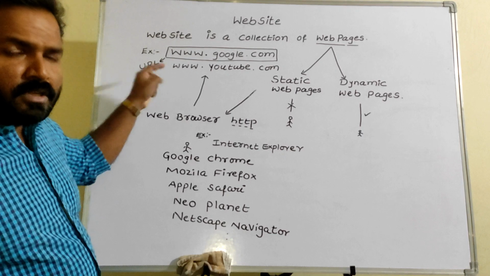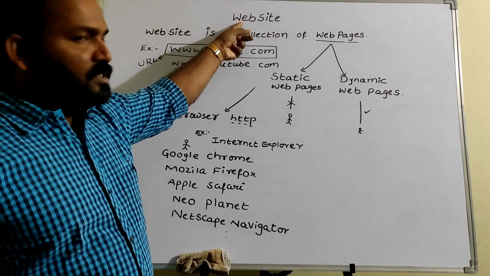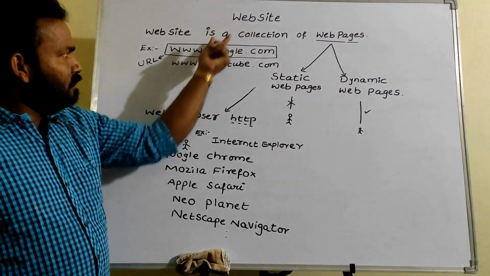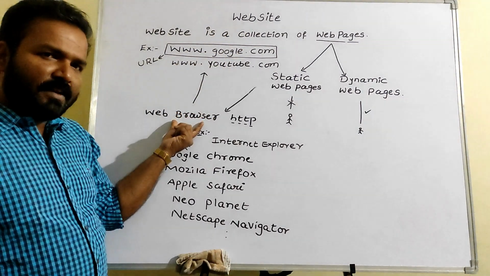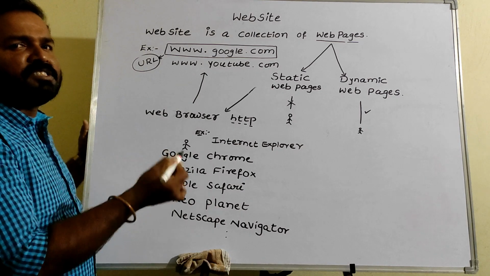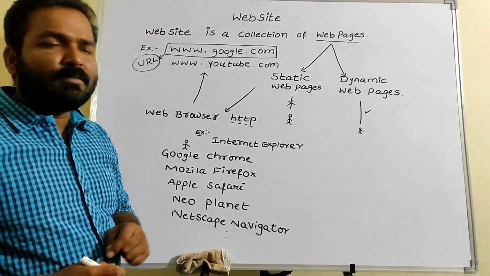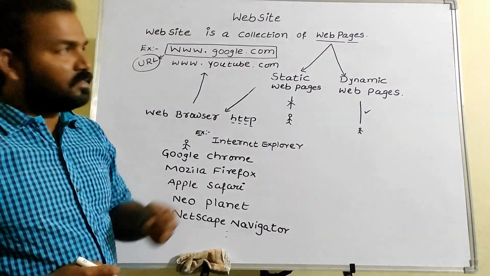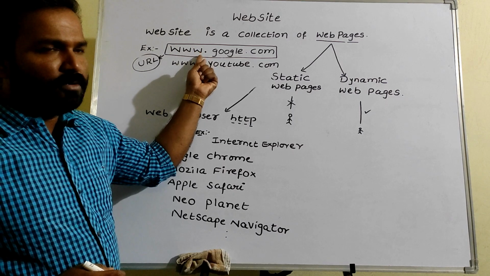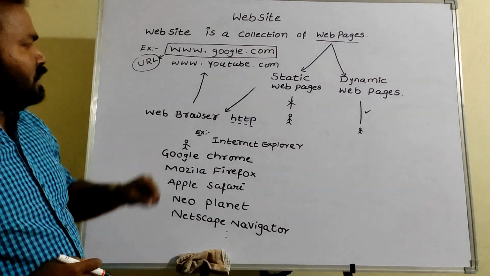A website will be accessed in web browser through URL or website address. So what is URL? Uniform Resource Locator, nothing but website address. So this is the address, website address, www.google.com. Okay, right. So that is about web browser.